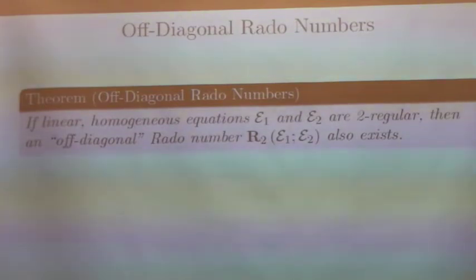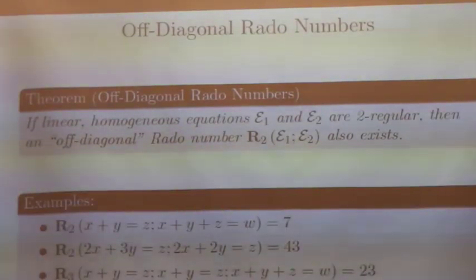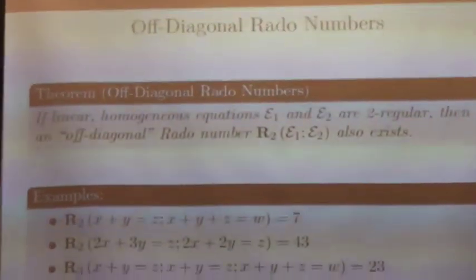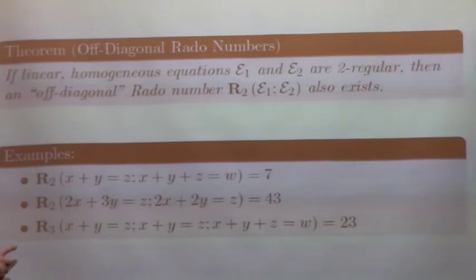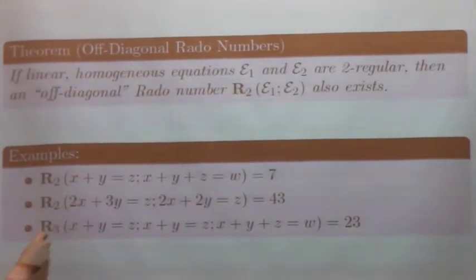But we can define it this way, and here are a few examples which are a little more difficult to parse, so look for the semicolons. This one, x plus y equals z, that's one we're familiar with. And then the next equation, we just added an extra term. The second one is just a different example.